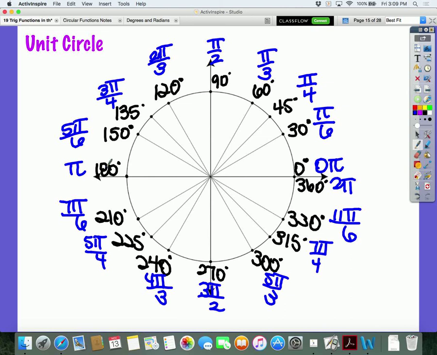Oh, you're 1 pi. Then 7 over 6. 8 over 6, which reduces. 9 over 6, which reduces. 10 over 6. 11 over 6. 12 over 6. Okay, you just gotta remember to reduce, and you gotta reduce correctly.